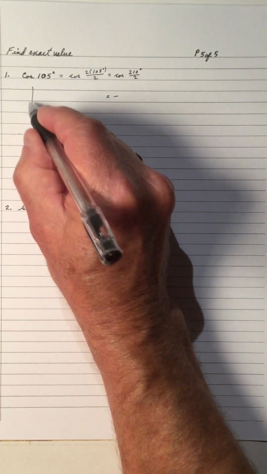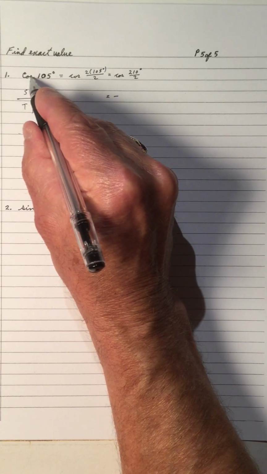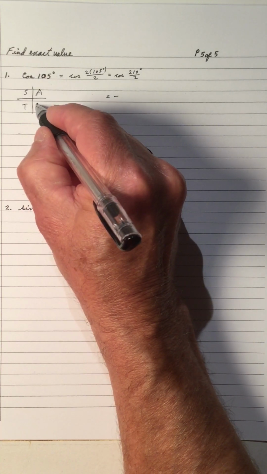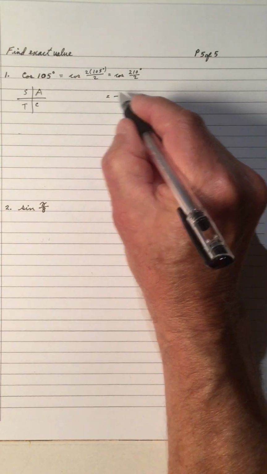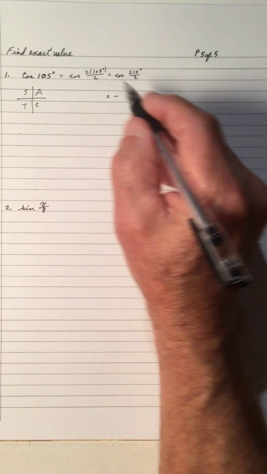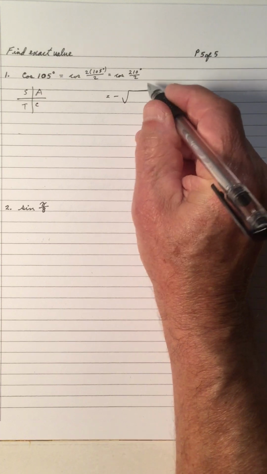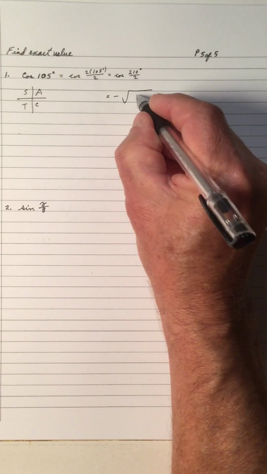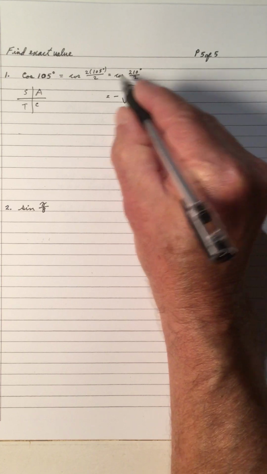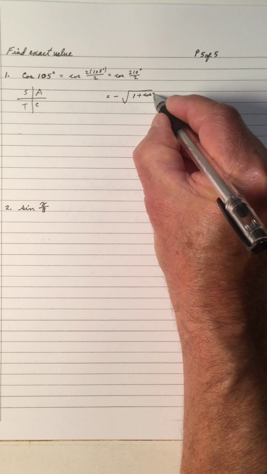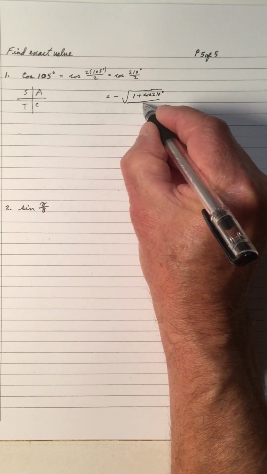And again, we'll think about it: All Students Take Calculus, cos is positive in 1 and 4, negative in 2 and 3, so we're in quadrant 2 for 105, so it's negative, and it's the square root of, and because it's a cos, it's going to be 1 plus the cos of 210 over 2.